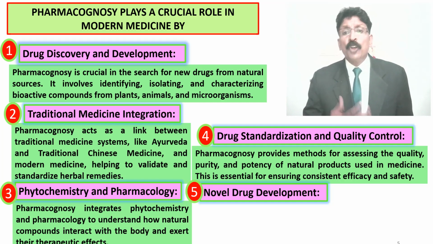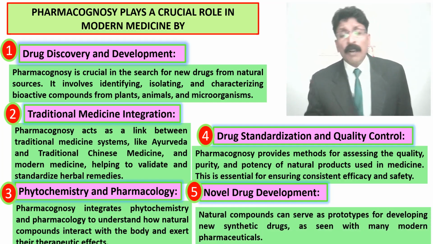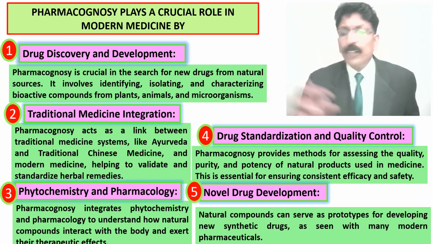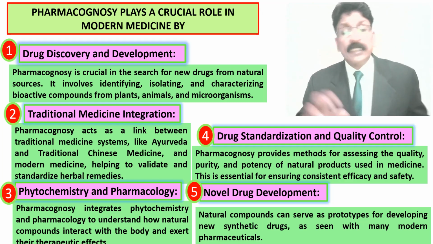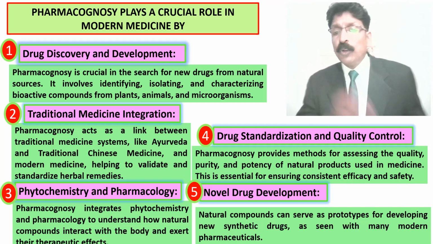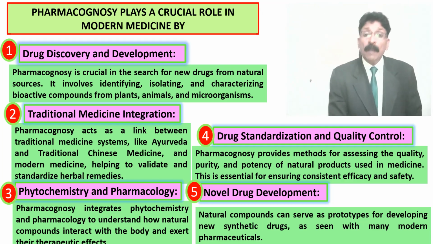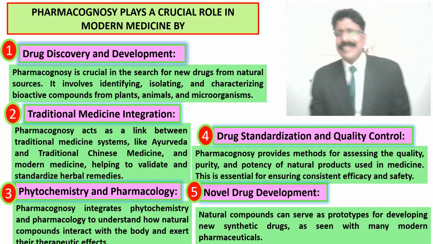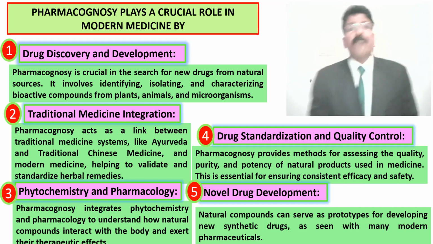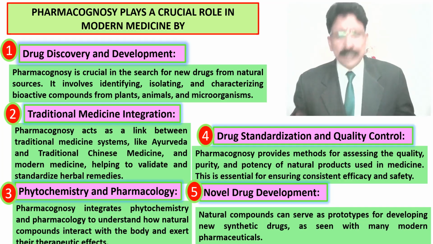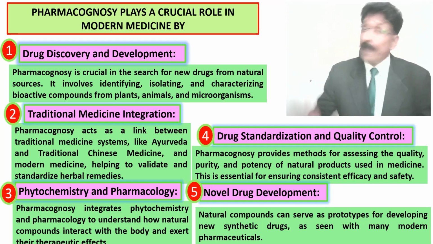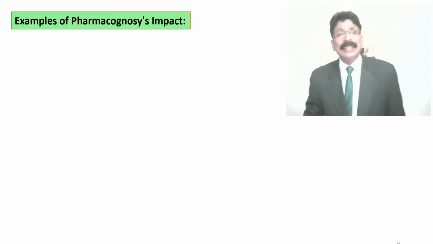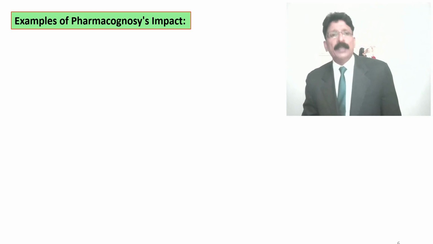So, novel drug development: natural compounds can serve as prototypes for developing new synthetic drugs. As seen with many modern pharmaceuticals, to synthesize a synthetic product they need a basic structure from nature. So that is the novel drug development contribution.